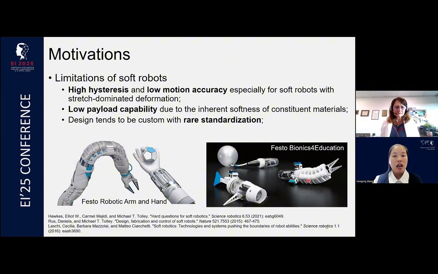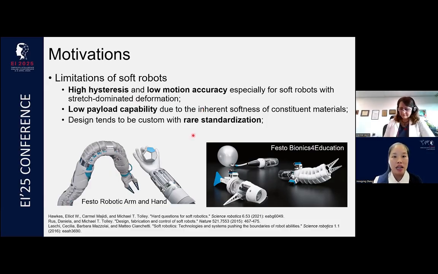And for us, we think the limitations that blocked soft robots from real industrial scenarios may come from the high hysteresis and low motion accuracy due to the deformation of the body, especially if the deformation comes from stretch domain deformation. A second reason may come from the low payload capability. And the third reason may come from the low level of standardization.